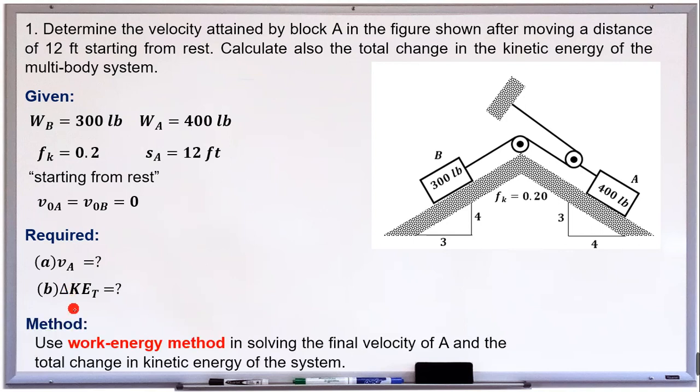So the method to be used here is the work energy in solving both the final velocity of A and the total change in the kinetic energy of the system. We can use the work energy here because the requirement is the velocity, and we all know that one of the variables present in the work energy equation is the velocity.